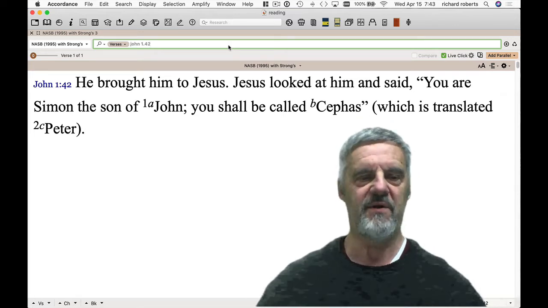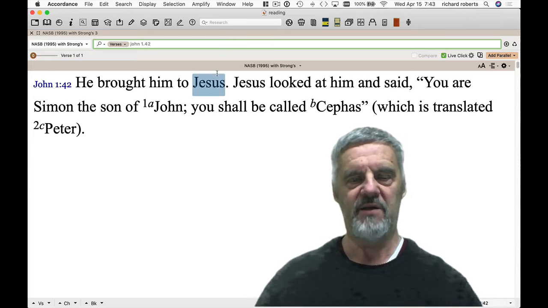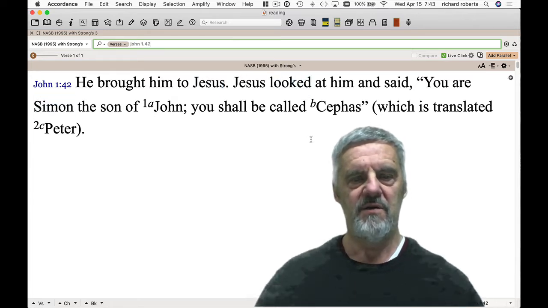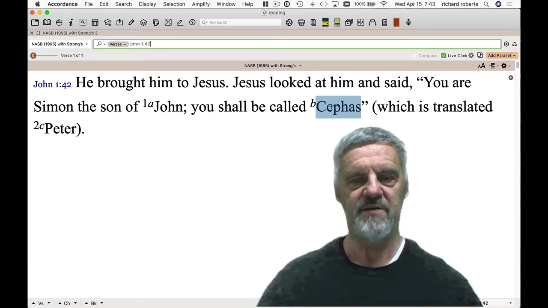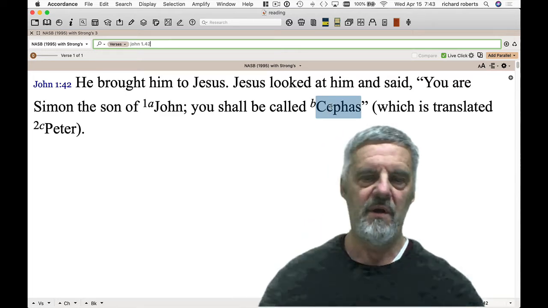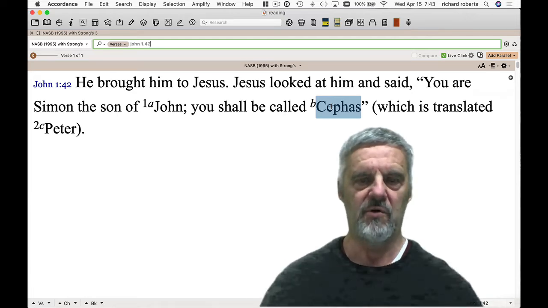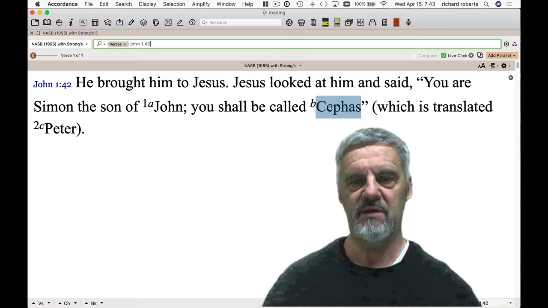And so what's happening here is Peter actually ends up with 3 names. He's Simon, the son of John. Jesus says you'll call him Cephas, which is this Aramaic term found for rock or rocks in the book of Jeremiah in the Old Testament. It's an Aramaic word that means rock.